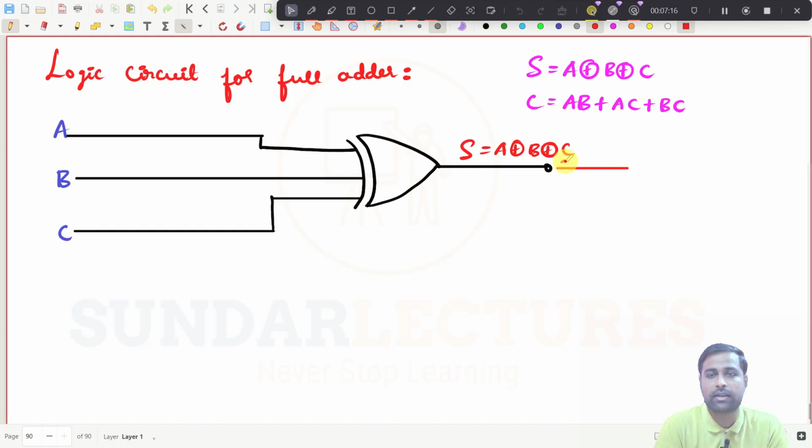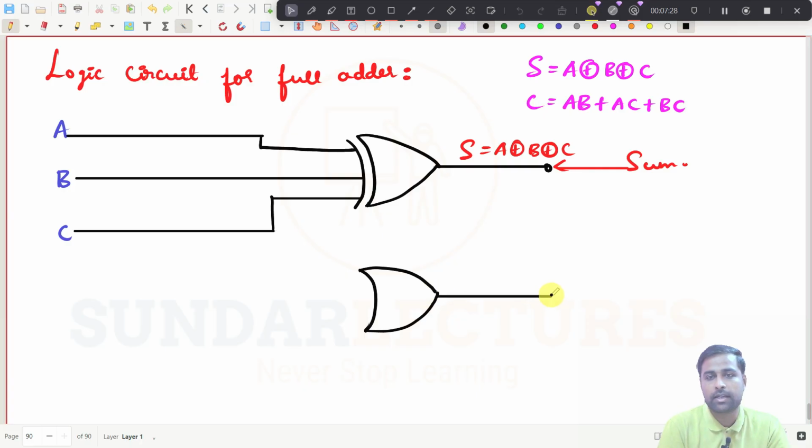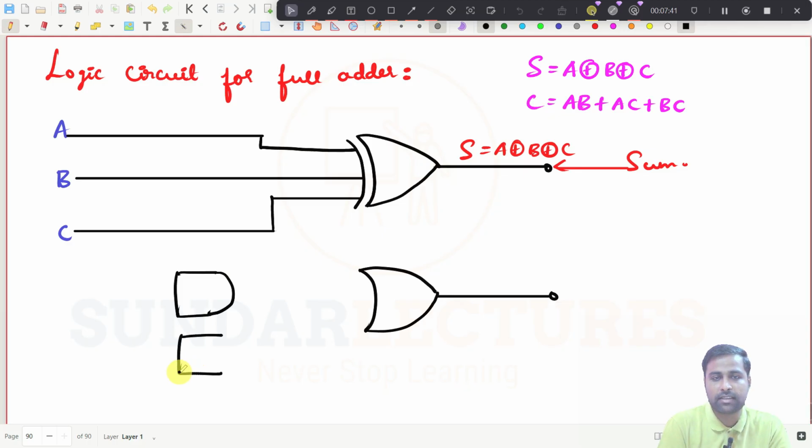See, this one is sum. For carry, what you need to do? You have to put an OR gate like this, right? So you have to draw three AND gates, right? I have told you these types of things we have already seen many times.